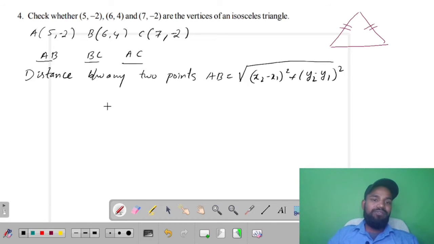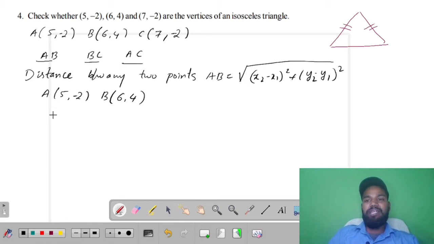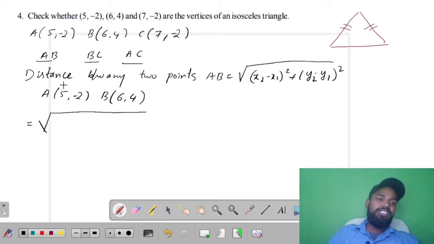So this is the formula, right? Now substitute. A is (5, -2) and B is (6, 4). We are finding the AB distance, so we substitute them in the formula. This is x1, this is y1, this is x2 and this is y2.